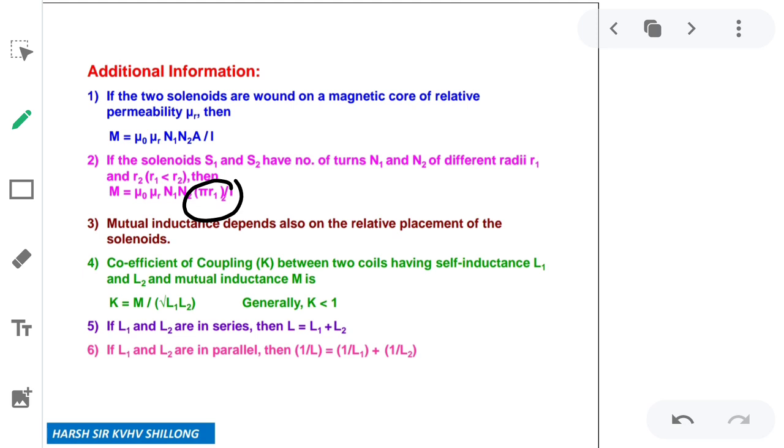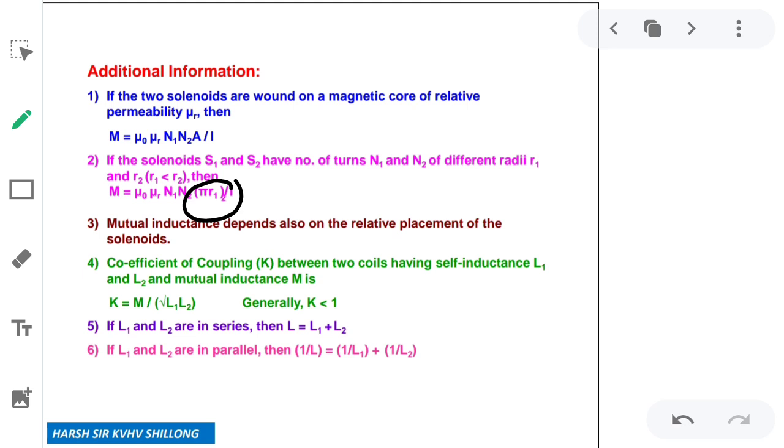Mutual inductance also depends on the relative placement of the solenoids, meaning how they are placed. They may be placed perpendicular, parallel, or at a certain angle. Obviously the flux linkage will change, so the mutual inductance value will also change. The coefficient of coupling between two coils having self-inductance L1 and L2 and mutual inductance M is given by a formula. Just remember it, it's in NCERT. The formula is useful, the derivation is not in your course.